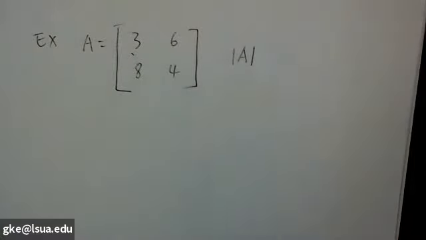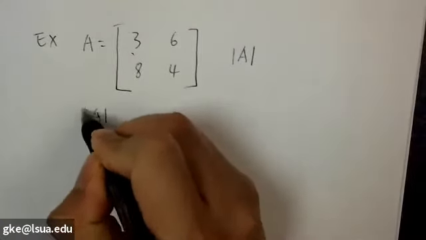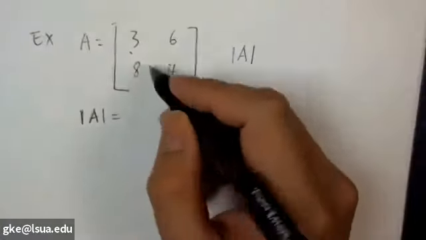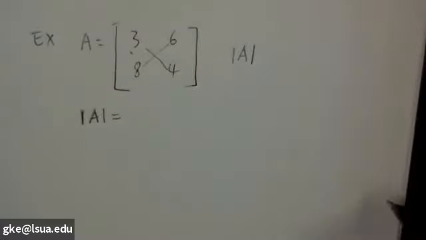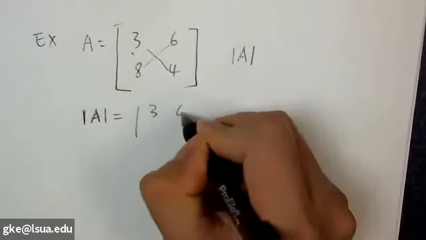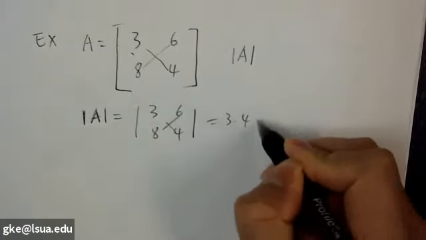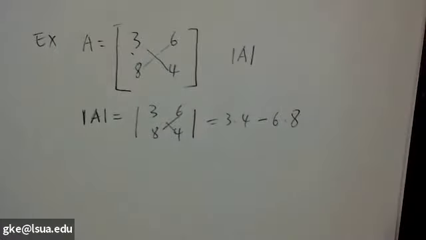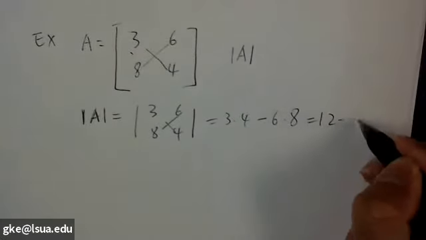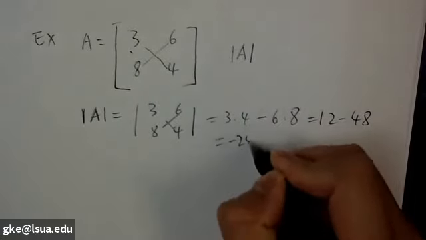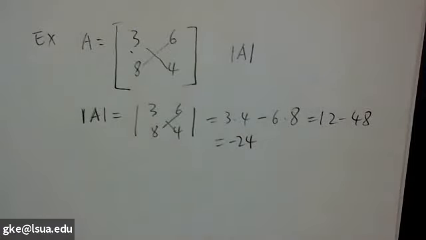Now let's take a look. For A, the determinant of A is going to be what? We're going to do the cross product, right? So 3, 8, 4, cross product is going to be 3 times 4 minus 6 times 8. This gives you 12 minus 48 equals negative 24. So the determinant of this matrix is negative 24.